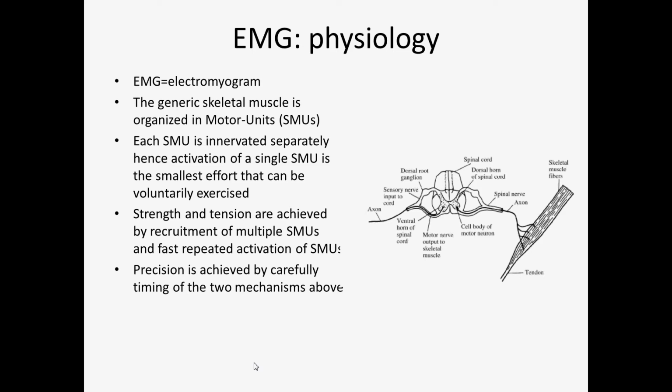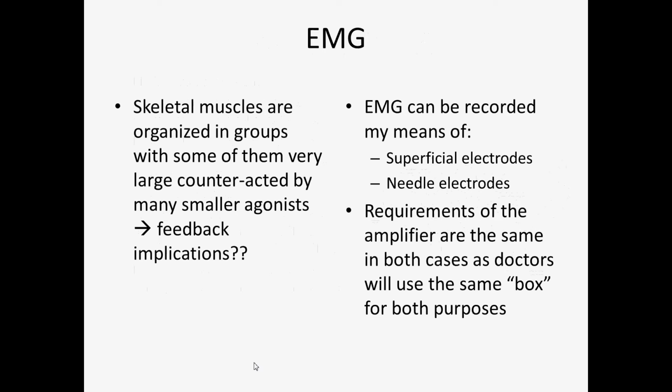Anyway, the way that precision is achieved by muscles is a careful crafting of timing of contraction and number of motor units recruited every time. So EMG, the signals of the muscles that is used to assess how well or how strong a muscle is contracting, can be recorded by means of needles directly into the muscle.